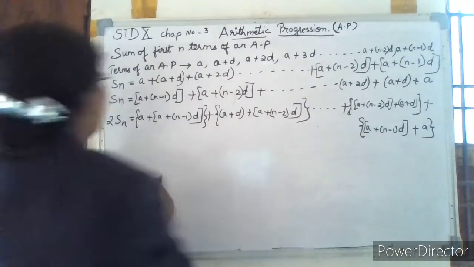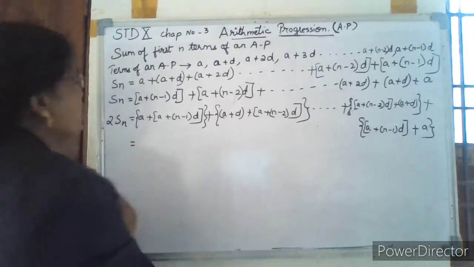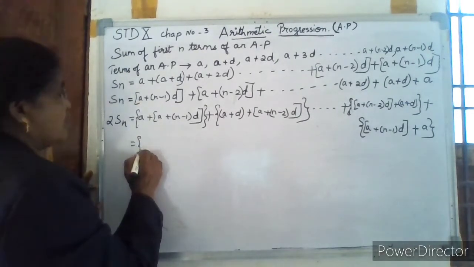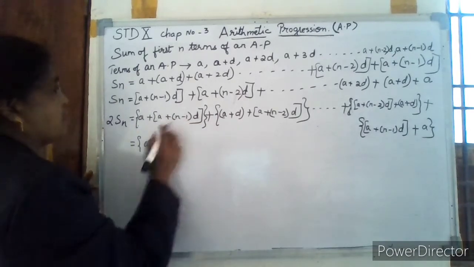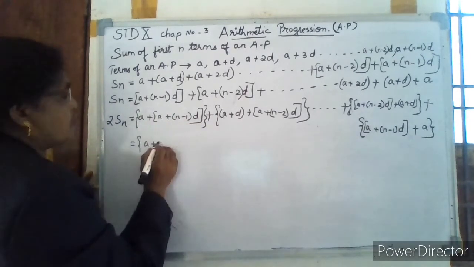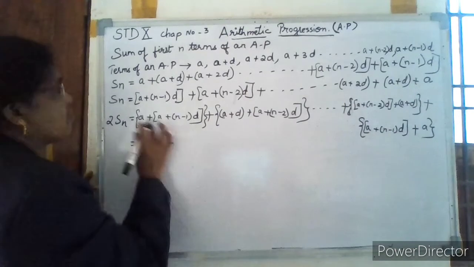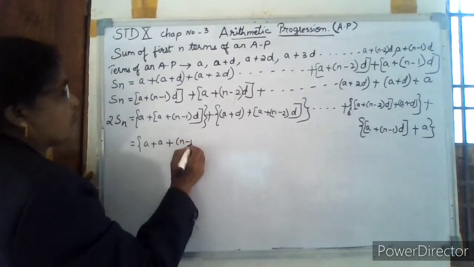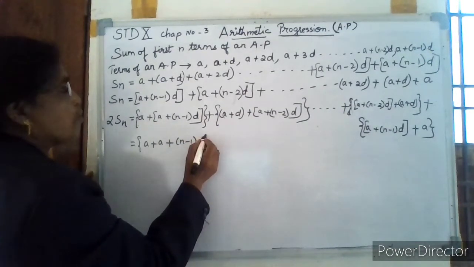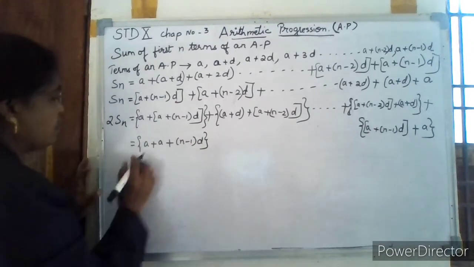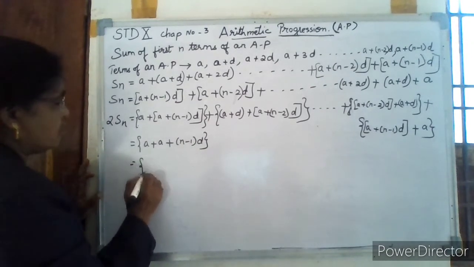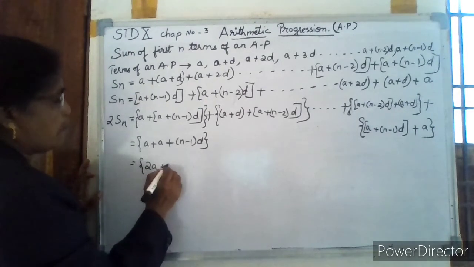So when I open this bracket, a plus, when I open this box bracket, it is a into a, a plus n minus 1 into d will remain in this manner. So a plus a will give you 2a plus n minus 1 into d.